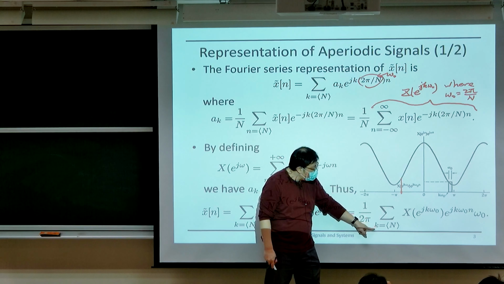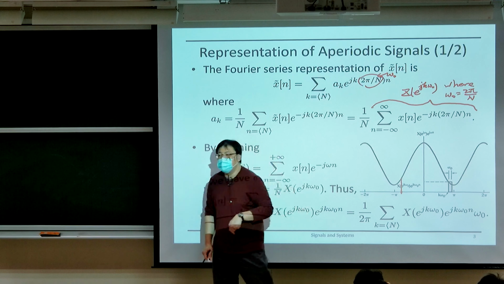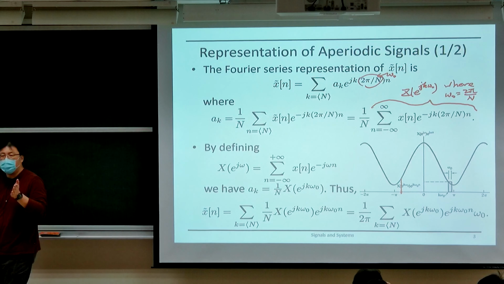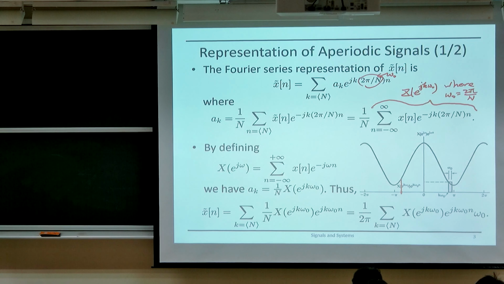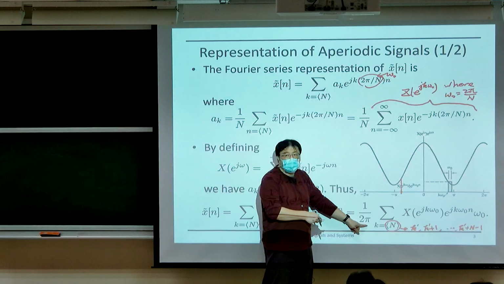Here we're taking capital N consecutive integer values of k, and this can start from anywhere. So suppose we start from k prime. Then k goes from k prime to k prime plus 1, all the way to k prime plus N minus 1.